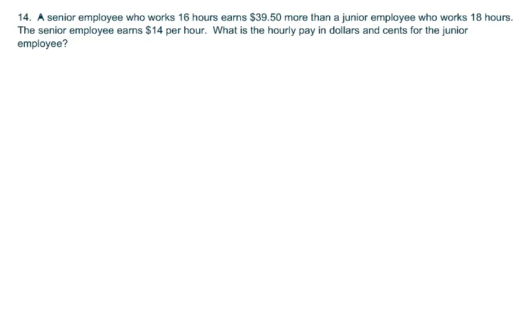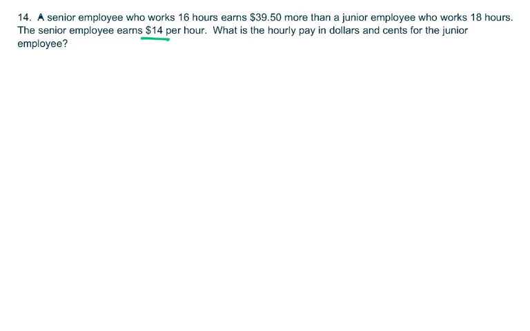Okay, the next problem is you have to think about it. We have a senior employee who works 16 hours and earns $39.50 more than the junior employee who works 18 hours. The senior employee earns $14 per hour, and they want to know what the hourly pay in dollars and cents is for the junior. So basically, I want to see how much the senior employee made.